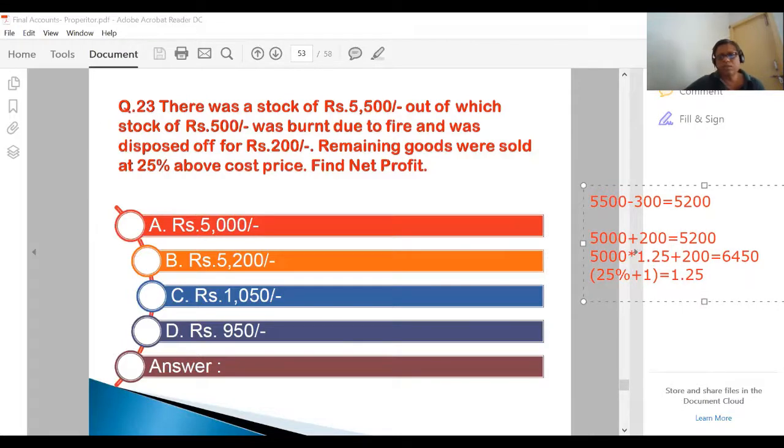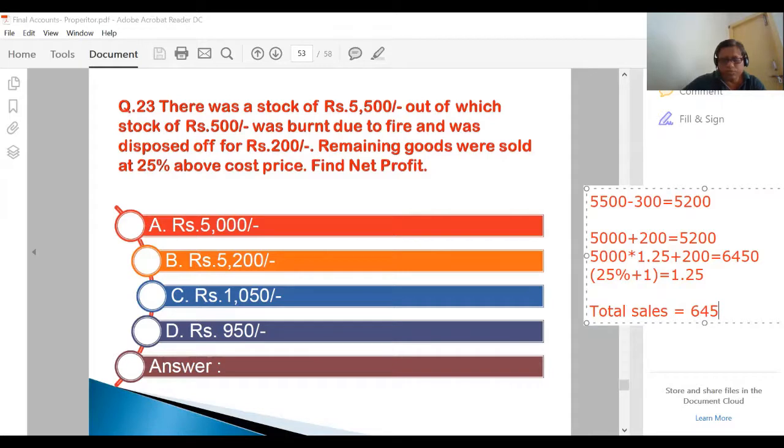Now let's understand this. Here it looks that 200 rupees is sold. This is the total sales which has happened: 6,450.